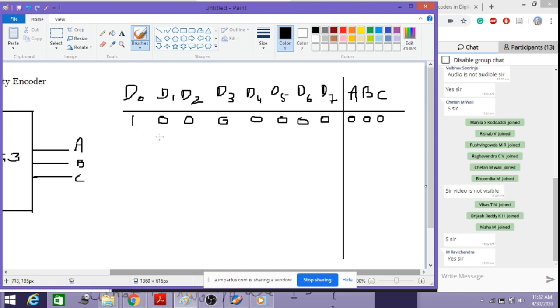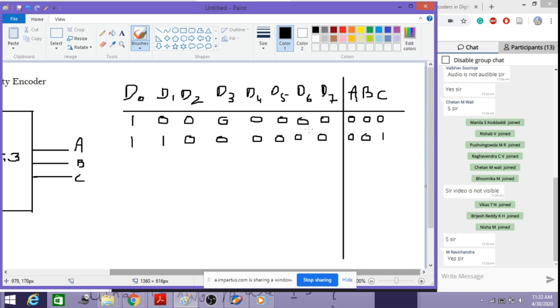So now let us consider that D1 is 1 and D naught is also 1. Then what is the output that is generated? Now D naught has got the highest priority when compared to D1. In that case, it will generate an output as 0, 0, 1. It means irrespective of the value of D naught, whether D naught is 0 or 1, it doesn't matter.